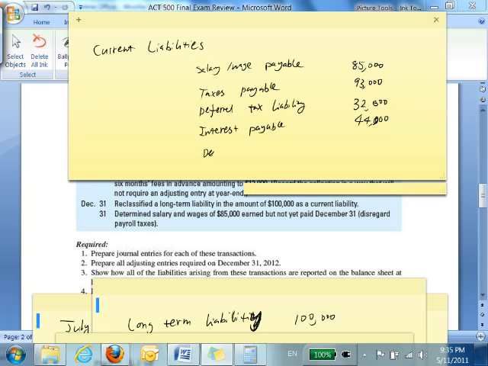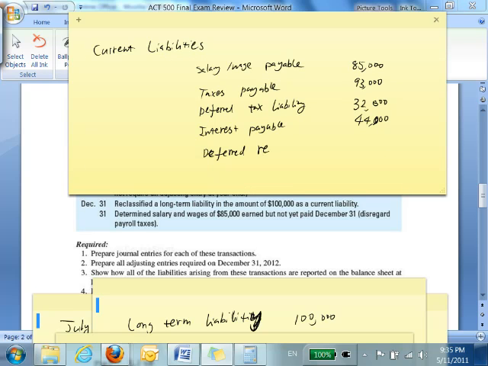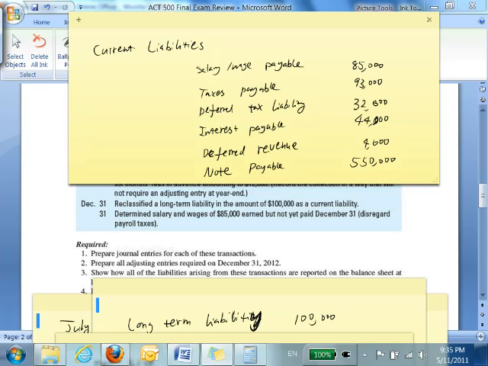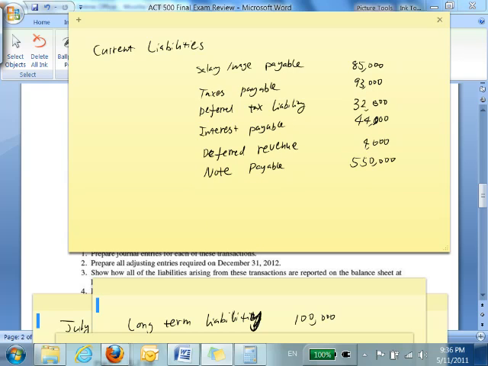It's also a liability. Deferred revenue is also called unearned revenue. And another liability is the note payable, 550,000. And we also have a reclassification of liability in the amount of 100,000 as the current liability, current portion of long-term debt.